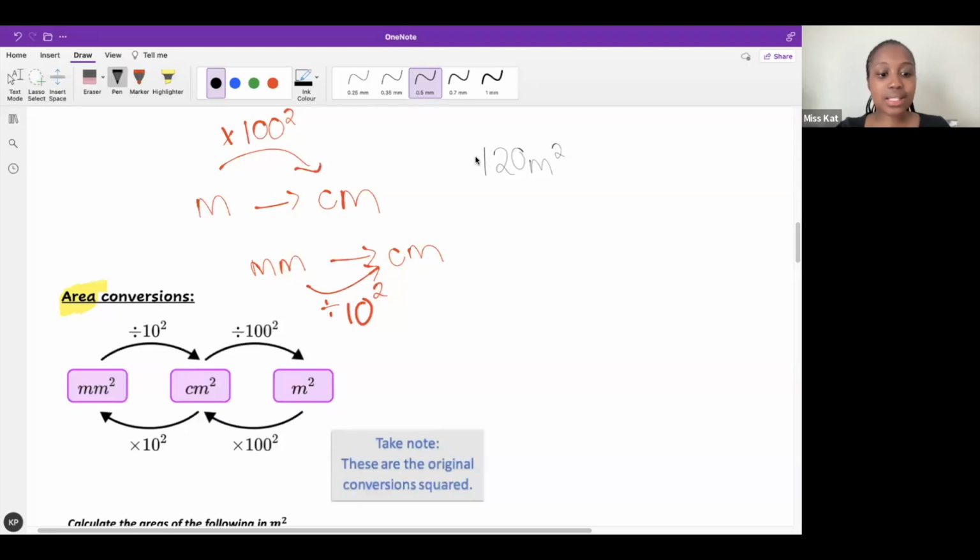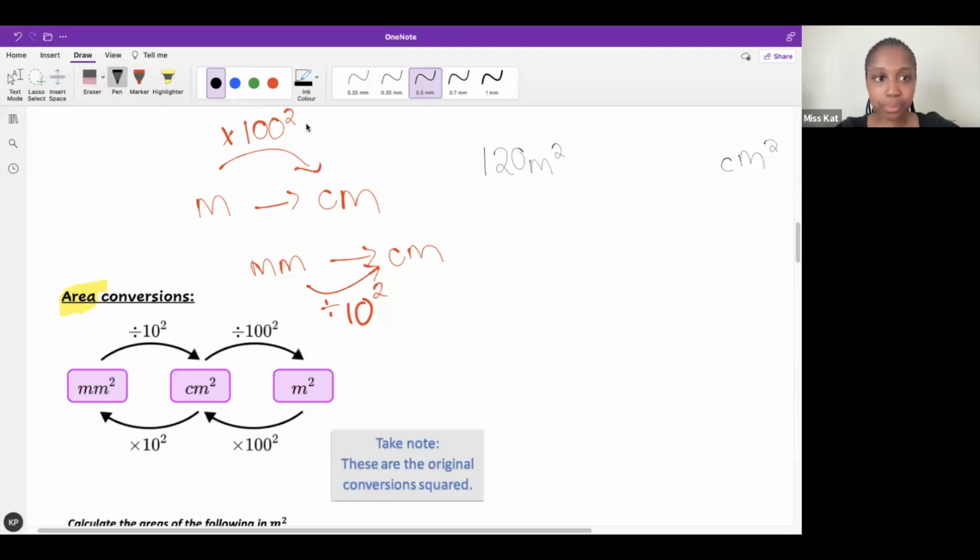Then I say convert it to centimeters squared. How do we do that? Let's first say from meters to centimeters, do we divide or times? Okay, we multiplied. Beautiful.